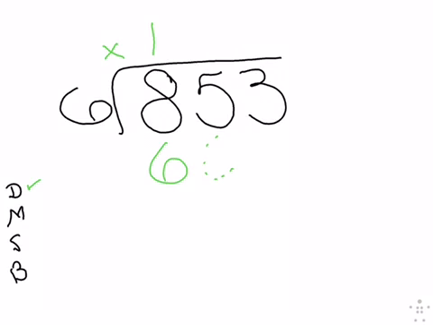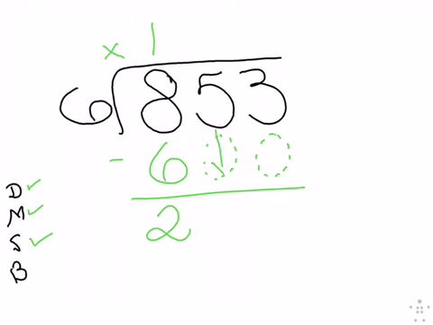As I said, if you do this, just be very careful. Multiply, done. Next step, subtract. 8 minus 6 is 2.